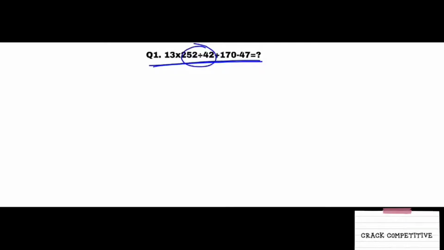You know the table of 42: 252 is exactly divided by 42, so it's 6. In this case you have no brackets, so it's a basic problem. So we will first do the division, that is 252 divided by 42.